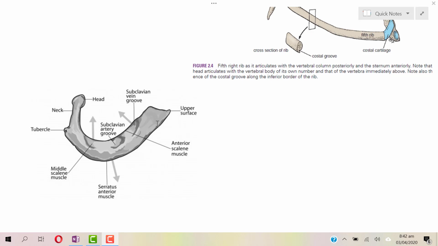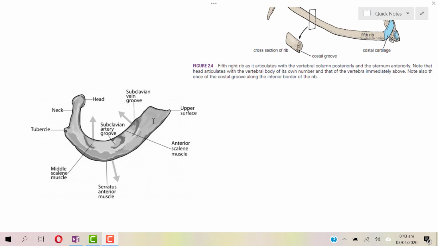On the superior surface here near the anterior end we have attachment of the subclavius muscle also. Subclavius: sub means below, clavius is for the clavicle, because the clavicle is present above the first rib, so there will be a muscle below the clavicle, the subclavius.